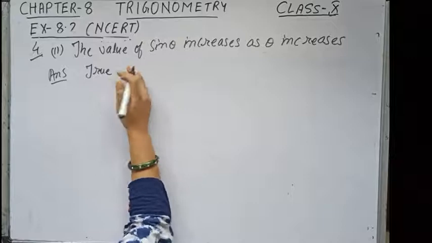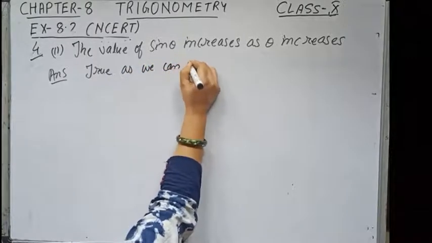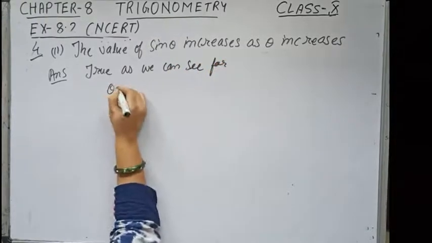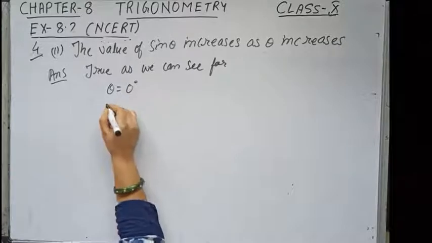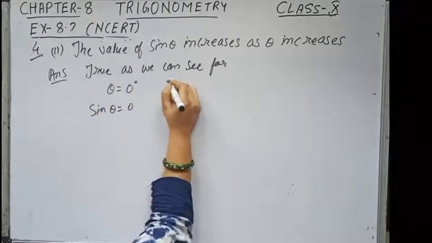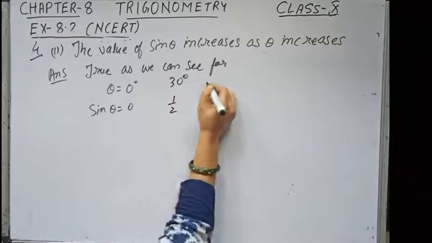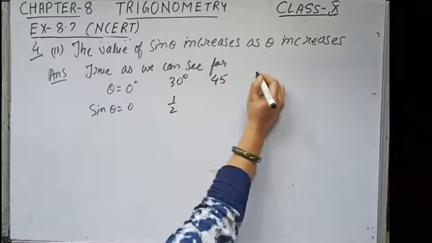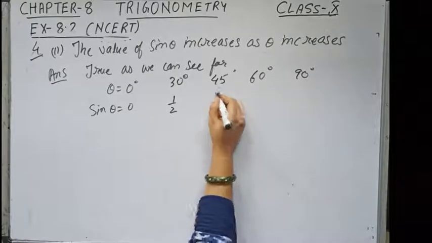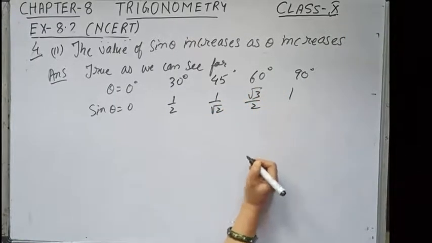As we can see, for theta equals 0 degree, sin theta equals 0, then 30 degree, sin theta equals 1 by 2, then 45, then 60 degree, and then 90 degree: 0, 1 by 2, 1 by root 2, root 3 by 2, and 1.